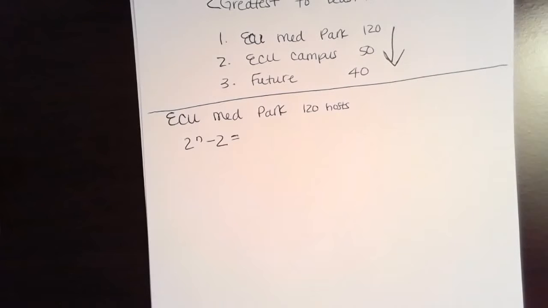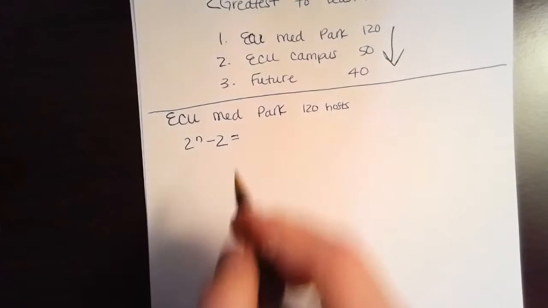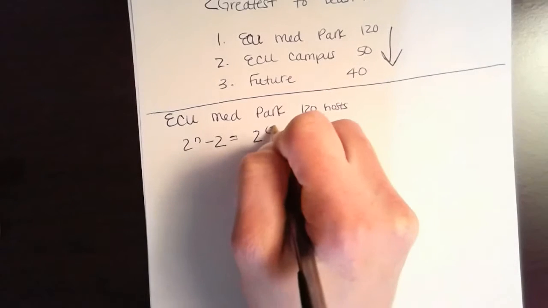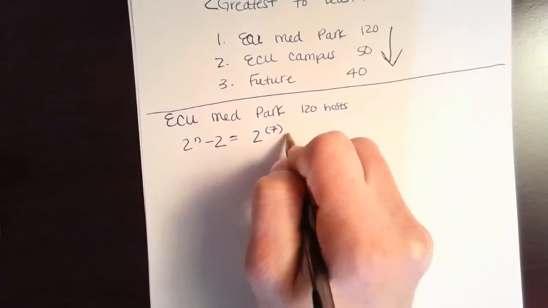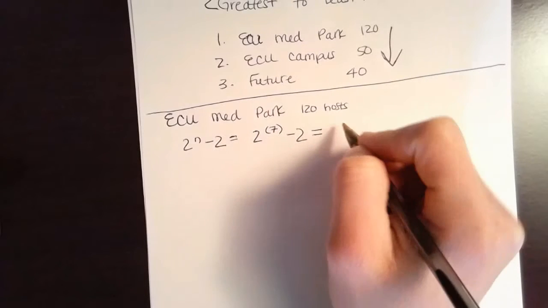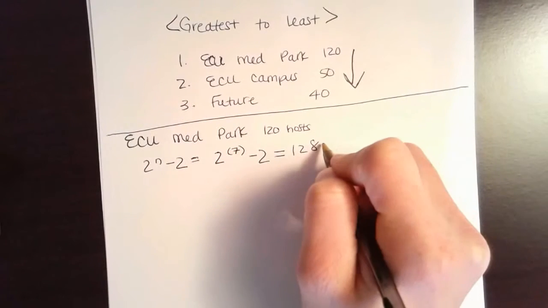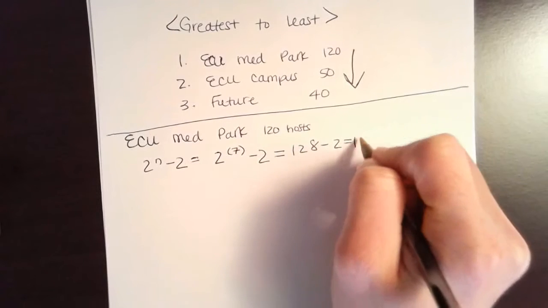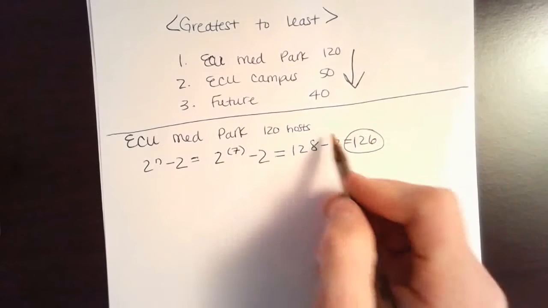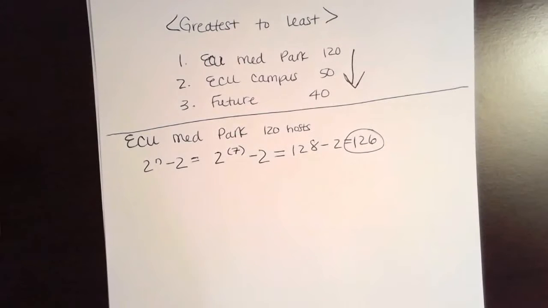So it looks like we have to go up to 7. 2 to the 7, if we plug in for n there, minus 2 equals 128 minus 2, which is 126. That's just greater than 120, so that is okay. If it had been less than 120, then we could not use it. And we don't want to be way greater either, so we wouldn't want to go to 2 to the 8. That is not acceptable either.